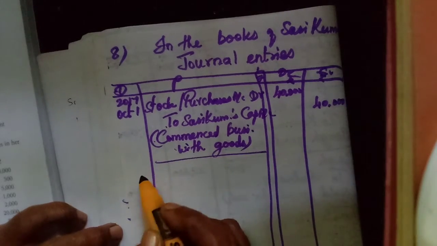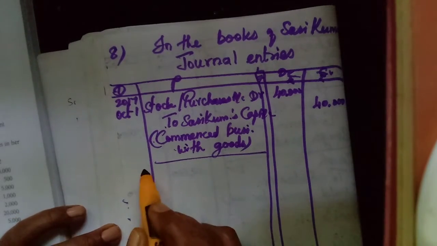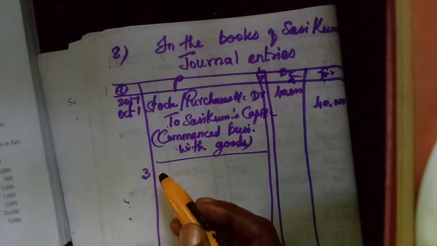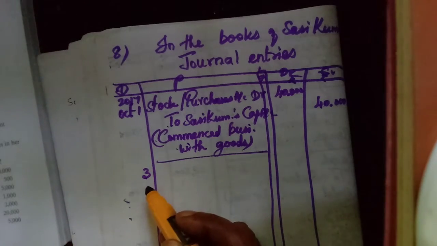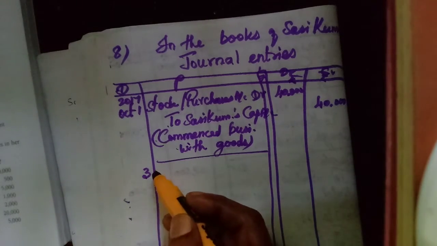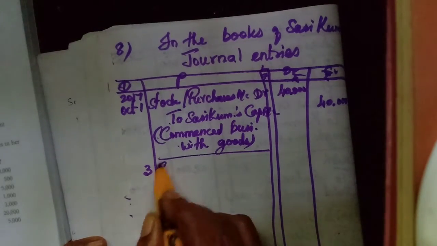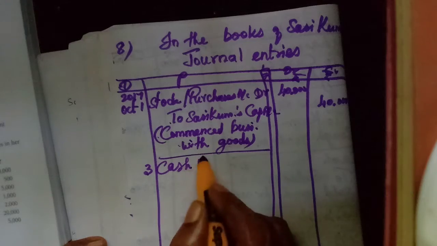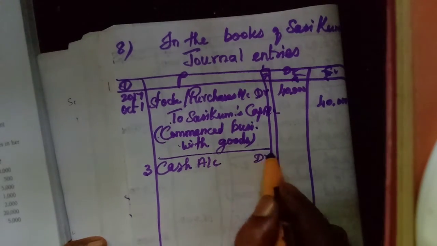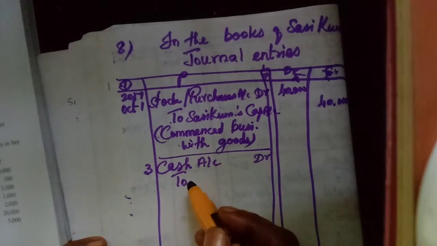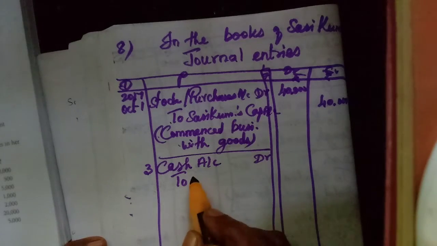We'll draw one line. Then next one, 3. Cash introduced in the business. This is also cash introduced by the owner, isn't it? So cash account debit, to Sasi Kumar's capital account.